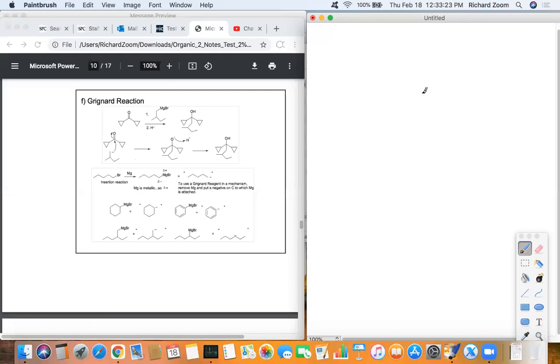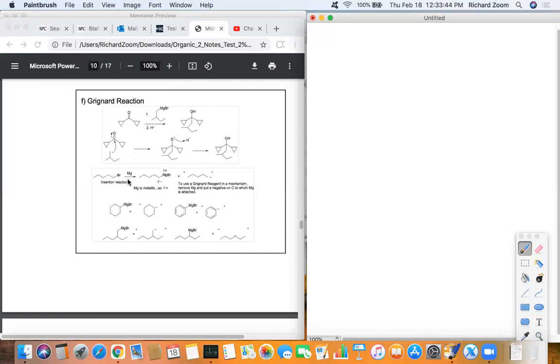When we're dealing with Grignard reagents, let's first of all look at what a Grignard reagent is. A Grignard reagent is this compound that's got the MgBr in it. And these are typically made by what's called an insertion reaction. So we can take the alkyl halide, which is this compound here that's got the bromine on it.